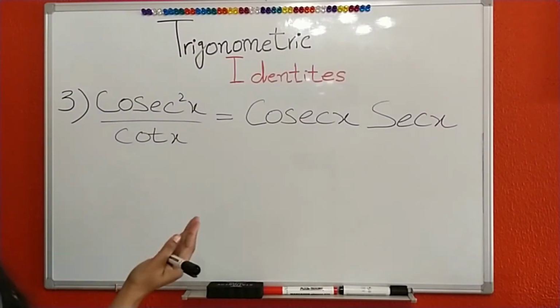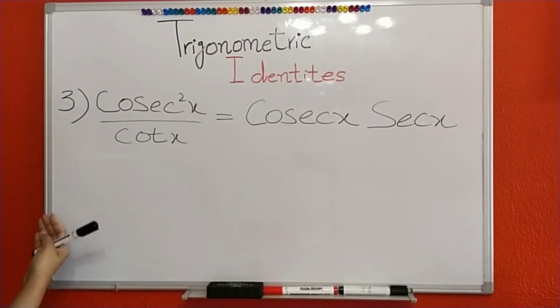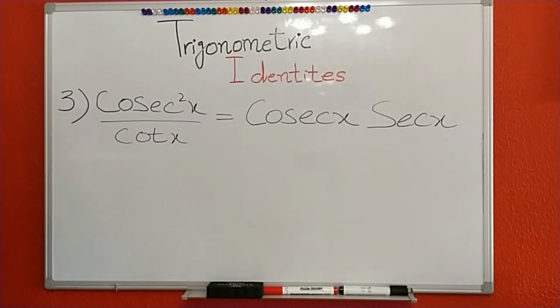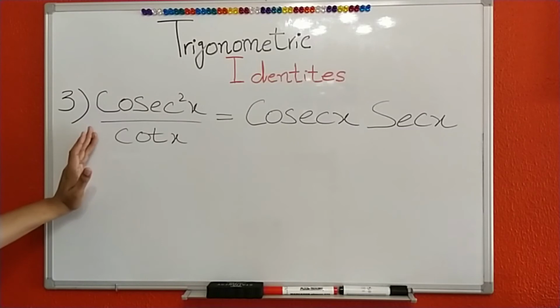We can convert any side. We can convert the right side to the left hand side, and we can convert the left hand side to the right hand side. Whatever side we find more complex, we need to convert that side. So the left hand side is more complex than the right side, so I need to convert the left side into the right side.